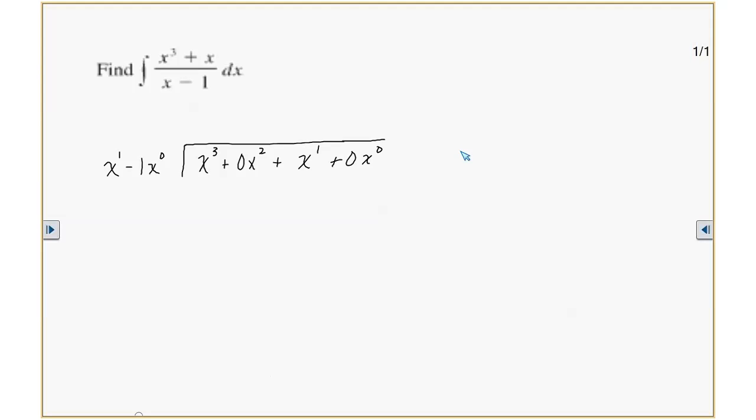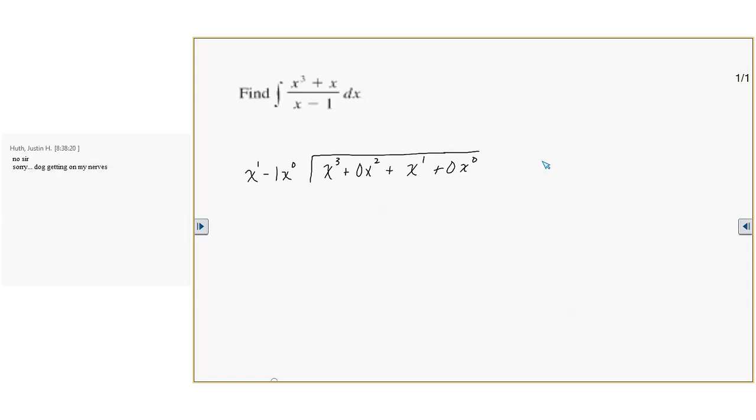Each place value must be represented. Or you put a blank wherever there's a missing place value. Y'all remember that from algebra? So that's why I put in the 0x squared and the 0x to the 0. Your degrees must be in descending order in the long division of polynomials. Hopefully some of this is ringing a bell.